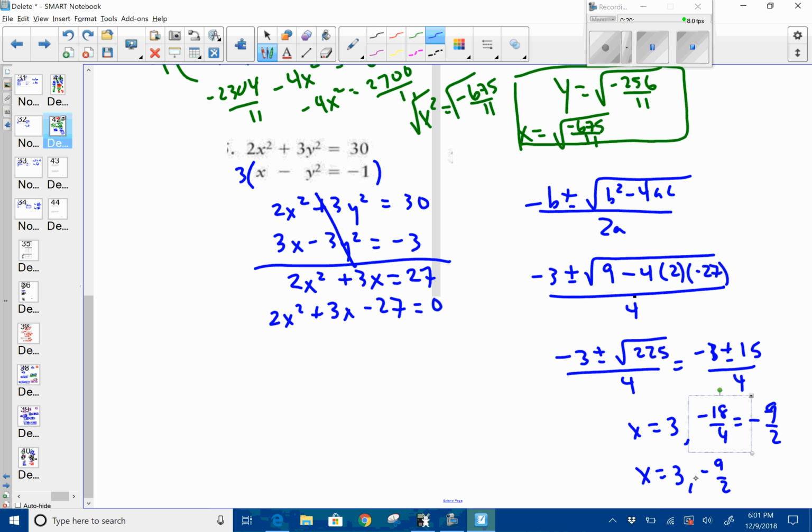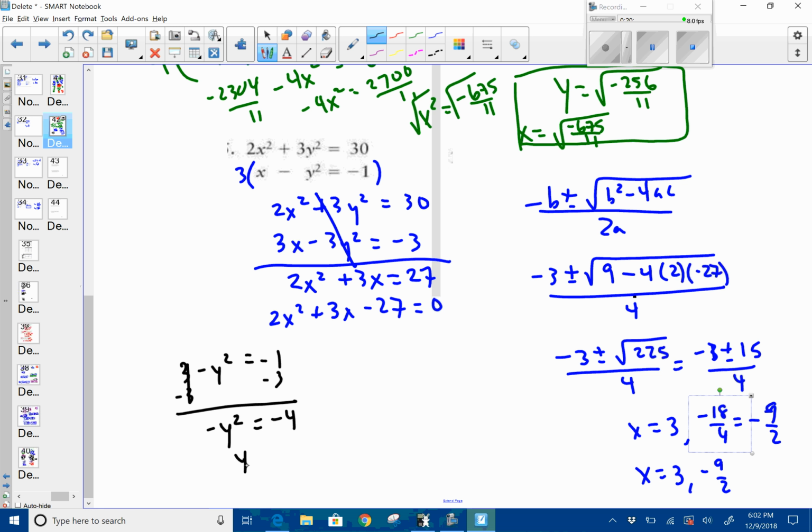So to find my y's, I'm going to take it and just plug it in, right? So I'm going to start with x equals 3. So if x equals 3, I'm going to plug it into that one. So I get 3 minus y squared is equal to negative 1. Joey, I'm so sorry. Minus 3 from both sides. So this cancels out. Negative y squared equals negative 4.